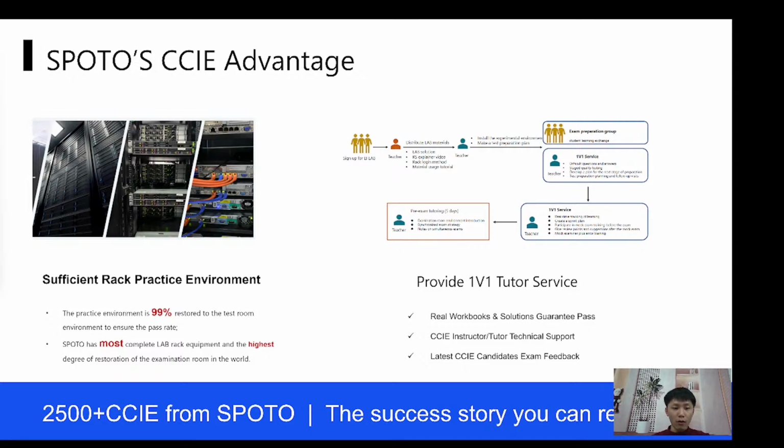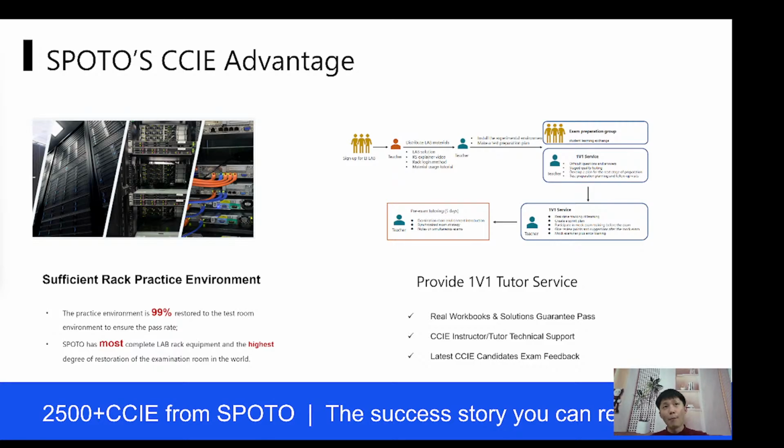First of all, we provide one-to-one service at the VIP level. Second, we distribute the lab solutions and study materials that are the same as the actual exam contents. And we provide practice exercises. The racks include IOS, initial configurations, and so on.